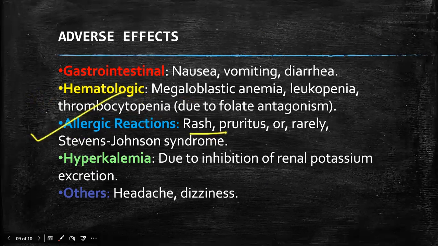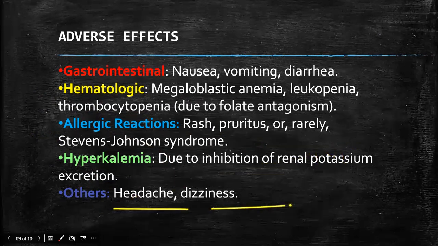Allergic reactions: rash, pruritus, or rarely Stevens-Johnson syndrome. Hyperkalemia, a high level of potassium in the blood. Due to inhibition of renal potassium excretion, the blood potassium level increases inside the patient's body. And other effects are headache and dizziness.